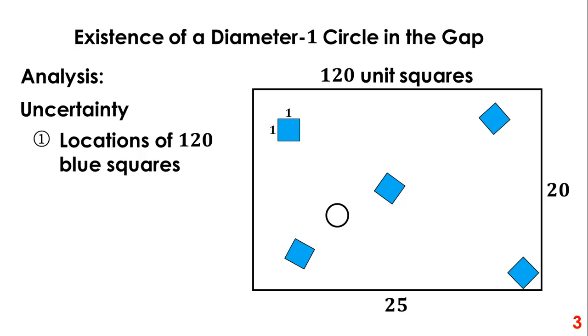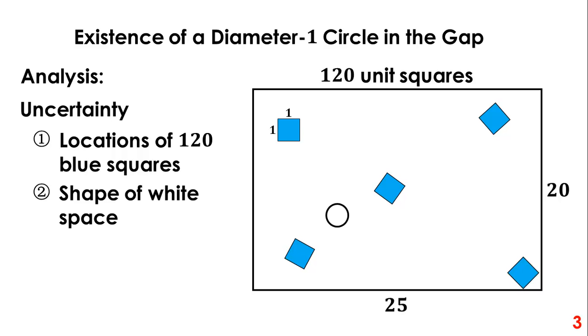It's uncertain. Can you give precise descriptions on the locations of those 120 blue squares? You cannot. So you don't know. So that's one of the reasons it is hard.